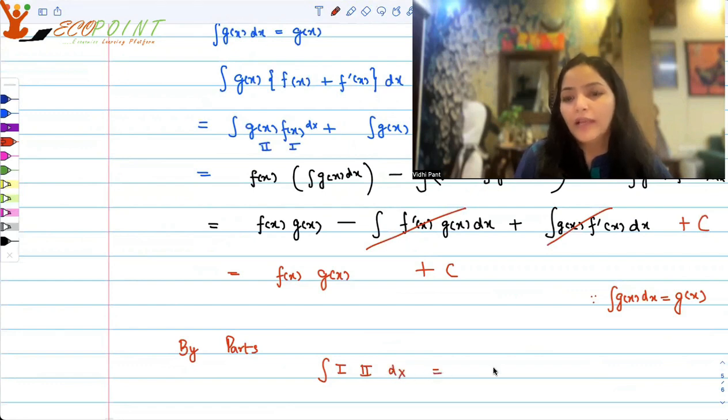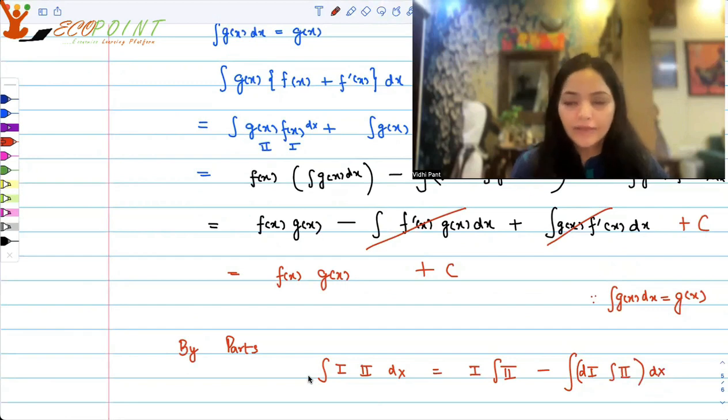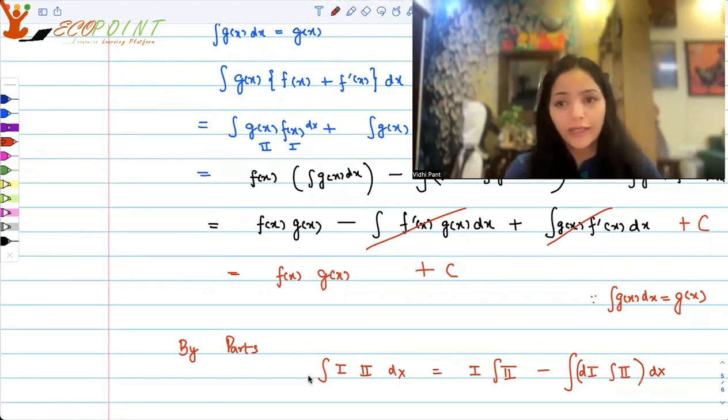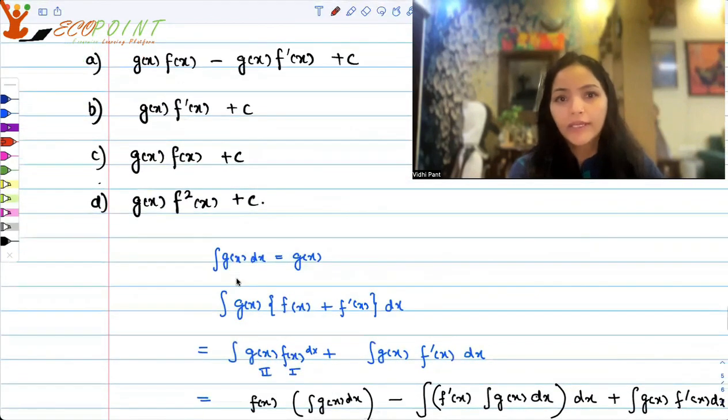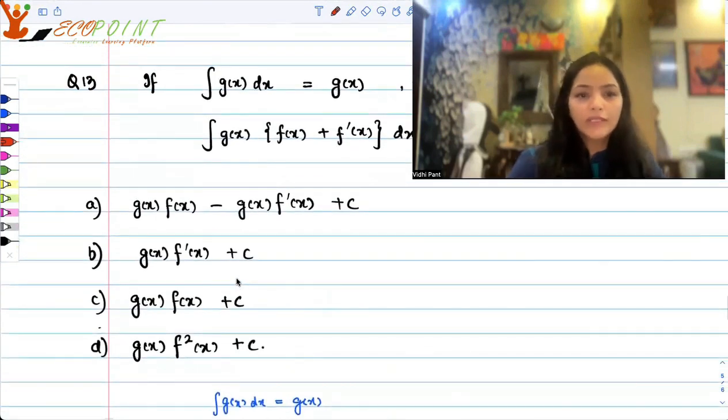If you have to integrate that, it's first as it is, integral of the second, minus the whole integral, derivative of the first, into integral of the second, the whole integral. This is the formula for by parts. Okay. And then by the rule of ILATE, you decide which should be the first function, which should be the second function. And accordingly, you work it out whenever you have to take the integral of a product. Okay. So the correct option is option C. Clearly, option C is the correct option.